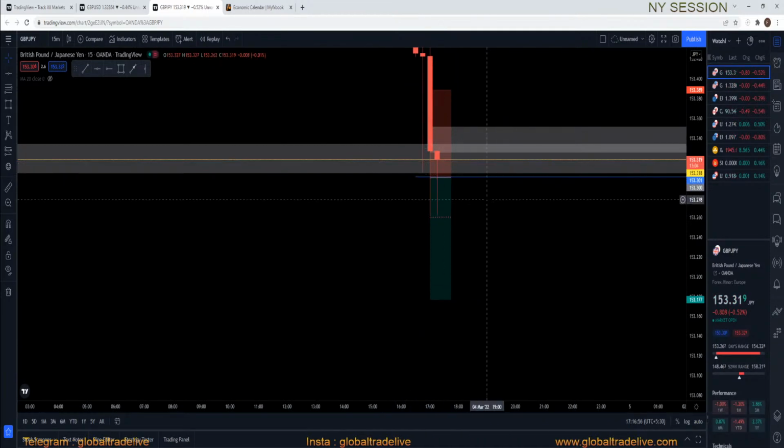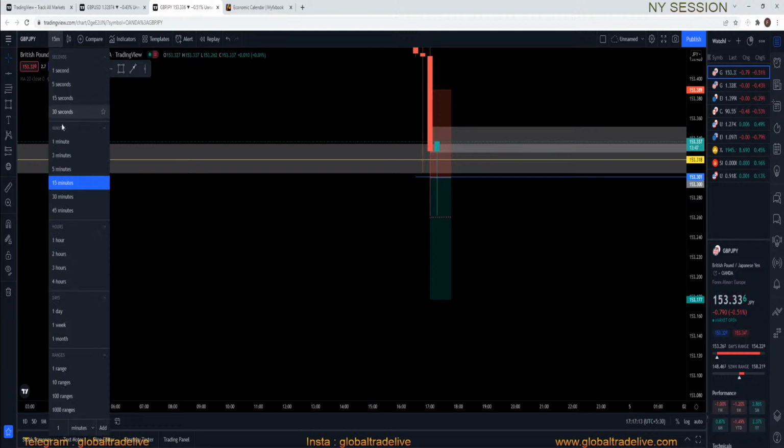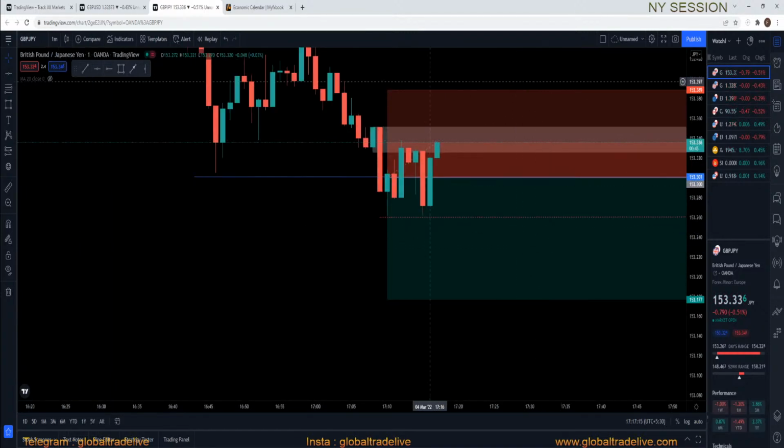The minute candle is showing some rejections over here in this area. Again, the market has entered the POI area. Let's see if it just rejects.